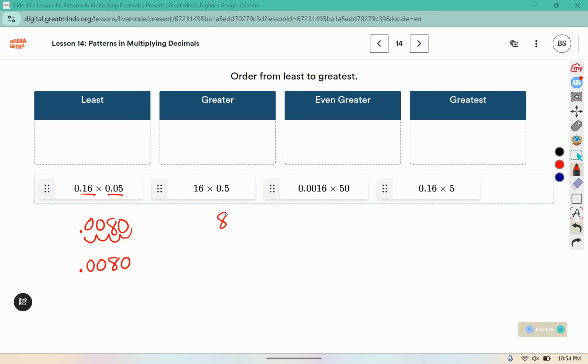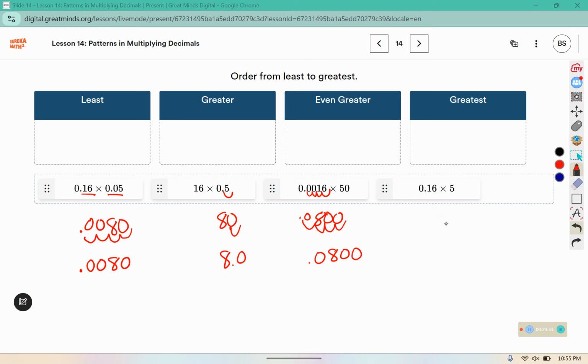This one is going to be 80, but we have 1 decimal spot. So this is actually 8.0. This one would be, it's not 16 times 5, it's actually 16 times 50. So that is 800 with 1, 2, 3, 4. So this is 0.08.